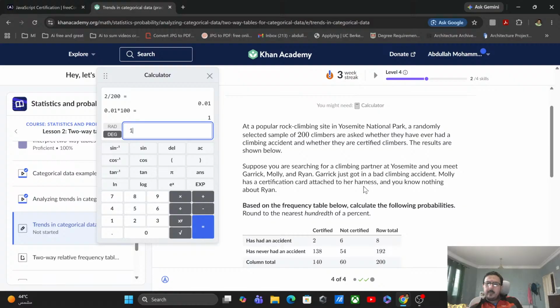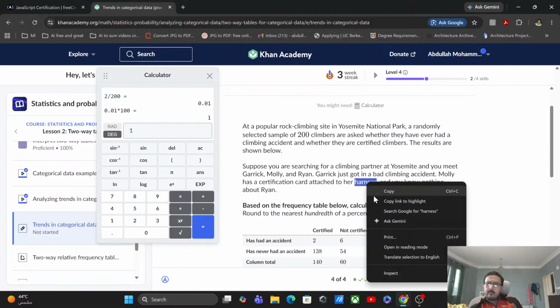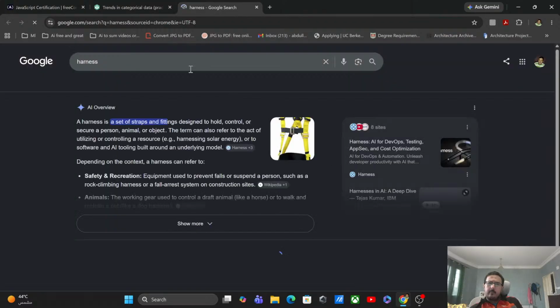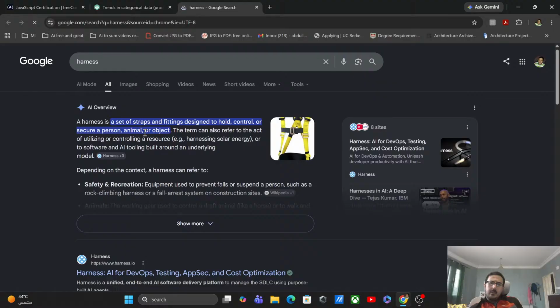What does harness mean? A set of straps and fittings designed to hold, control, or secure a person, animal, or object.